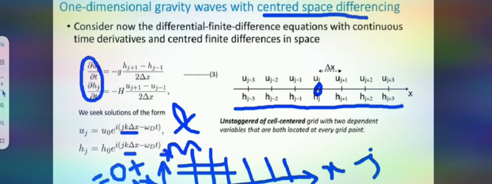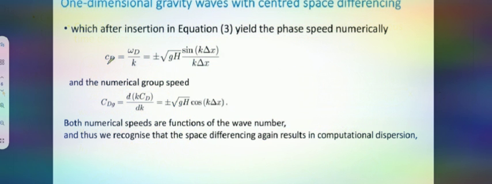And definitely one needs to calculate the phase speed numerically. We have seen it analytically, C equal to omega by K. Now let us denote Cd, subscript d, the numerical value of phase speed. That is nothing but Cd equal to omega d by K. And one can calculate this.